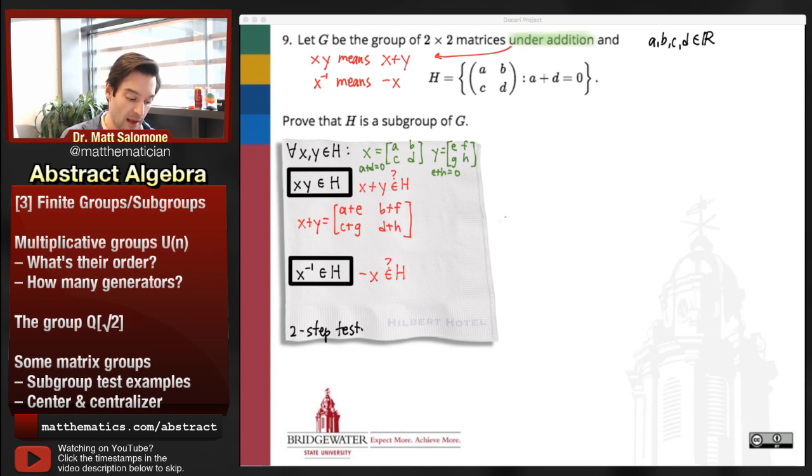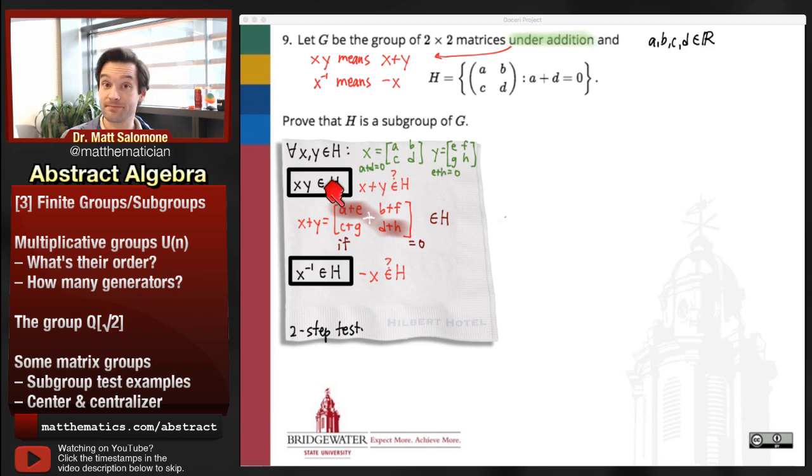And this matrix will belong to H only if the trace of this matrix is equal to 0. In other words, if, when I add together its diagonal entries, that result is equal to 0. So if I were to add those two, do I get 0?